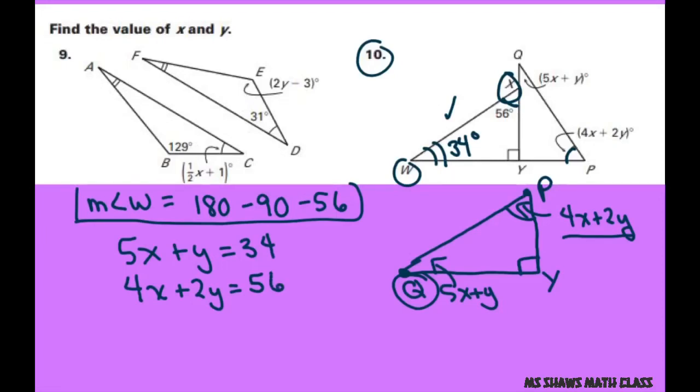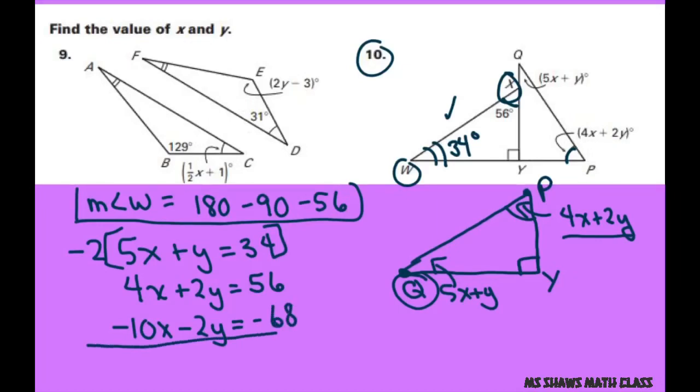Now to solve for x and y, I'm going to multiply this first term by -2. And when I do, I'm going to get -10x minus 2y equals -68.